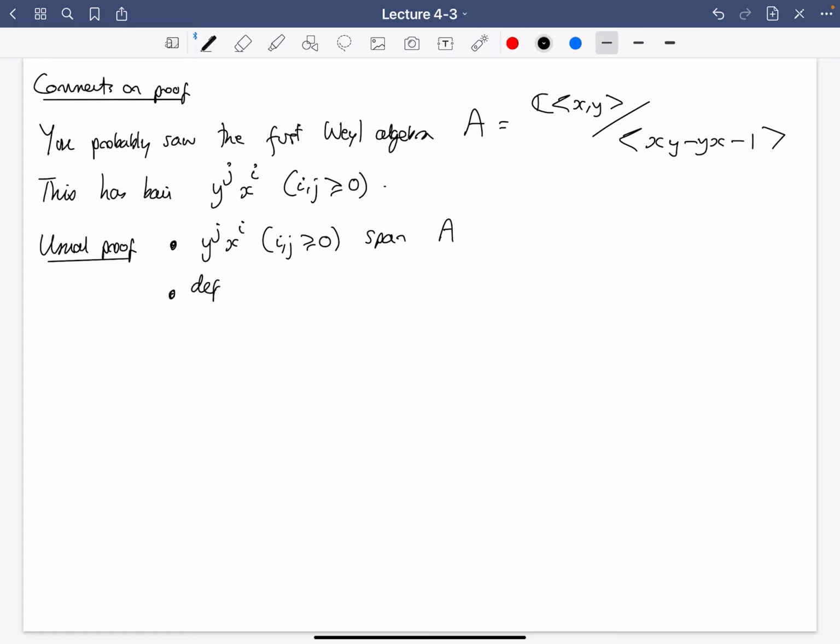And then what you do is you define an action of A on the polynomial ring in one variable. In other words, you make this polynomial ring into a left A module. So y acts as multiplication and x acts as differentiation with respect to y. So to do that, you just have to check relations.